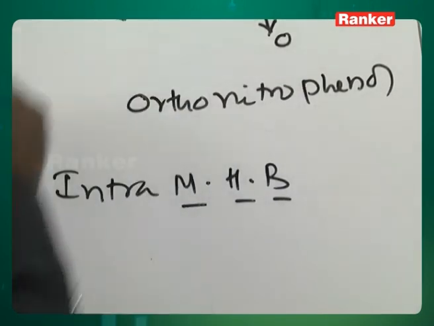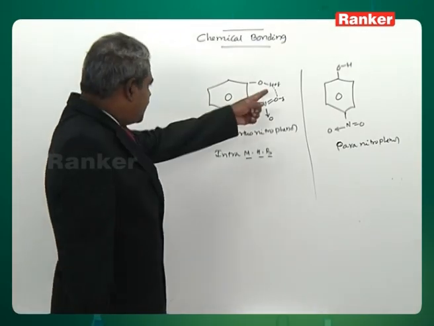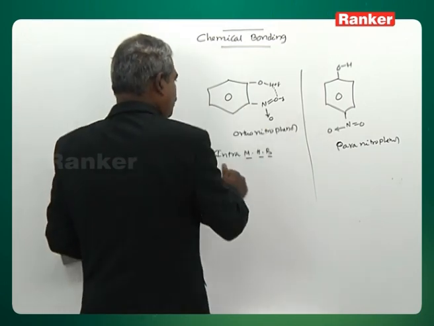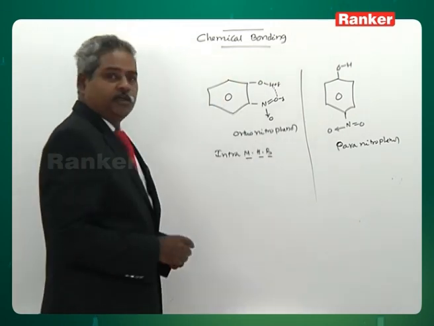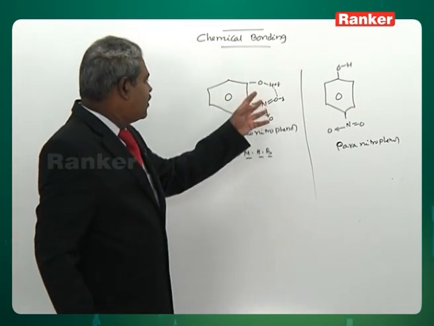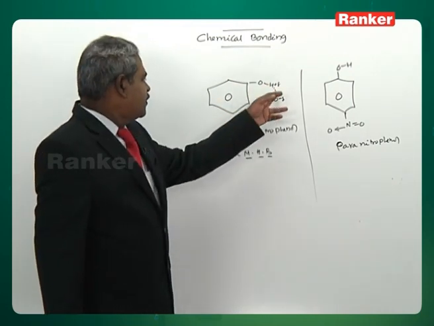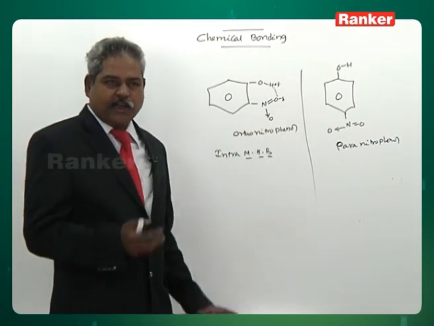Intra, within the same molecule. So this is nothing special. You have a coordinate covalent bond here, a pi bond here, 3 pi bonds here, so many sigma bonds. This is just one other bond among the many bonds, and because of that nothing special happens.